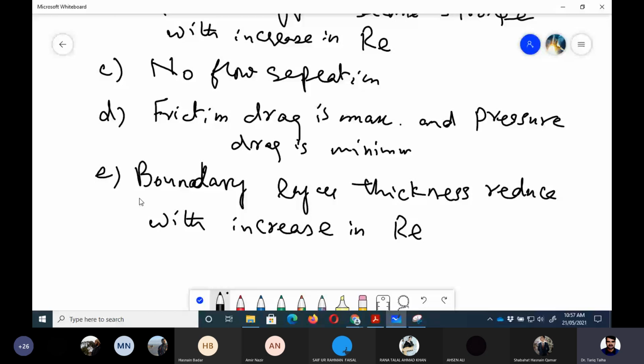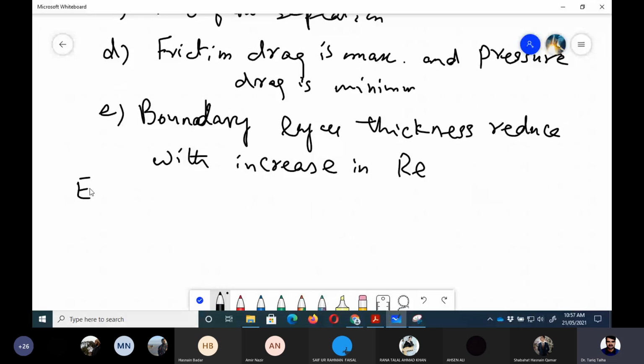Now talking about the external flows over a cylinder or sphere, we can do semi-fluid body.